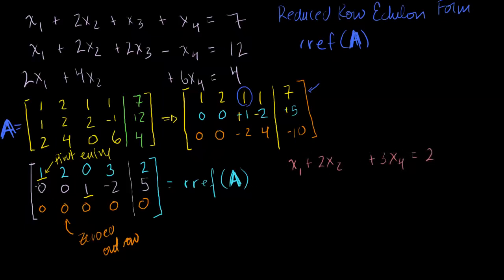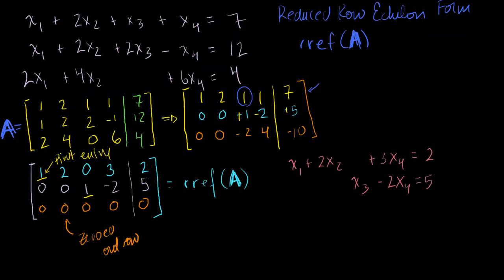And then this equation, no x1, no x2, I have an x3: x3 minus 2x4 is equal to 5. And then I have no other equation here. This one got completely zeroed out. So I was able to reduce this system of equations to this system of equations.